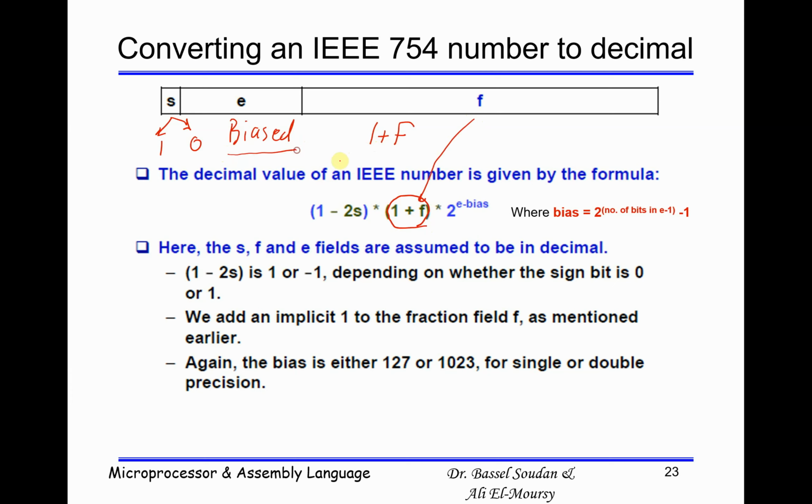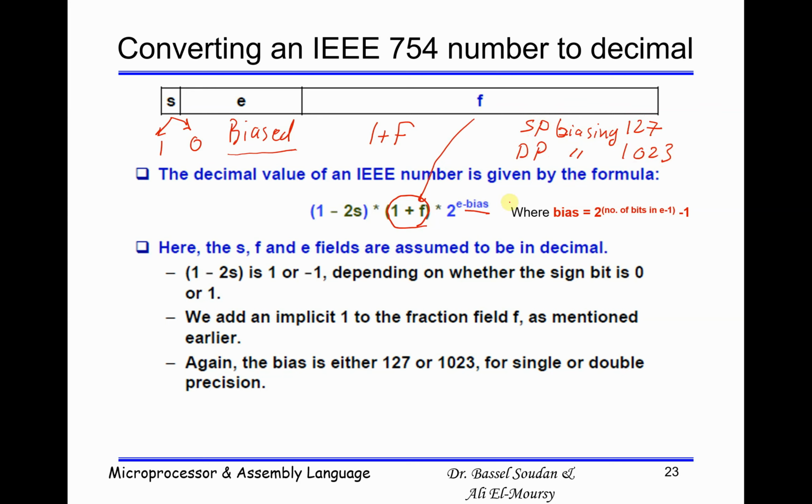The biased exponent should have the biasing subtracted. For single precision the biasing is 127, whereas for double precision the biasing is 1023.